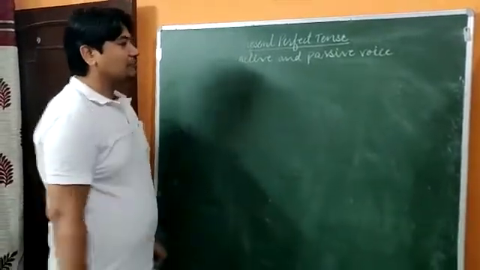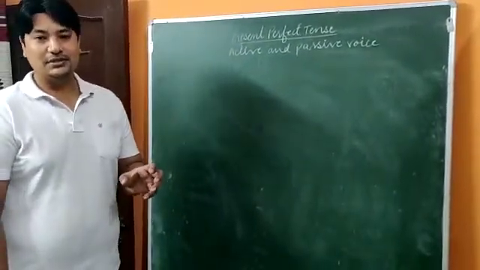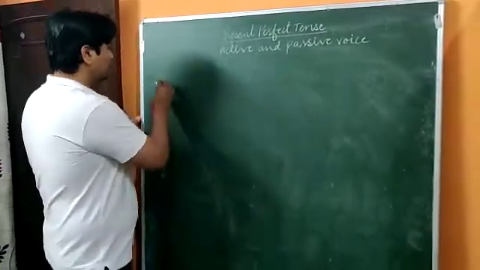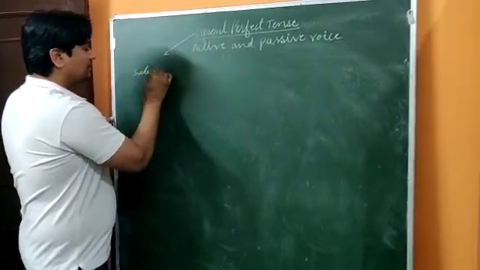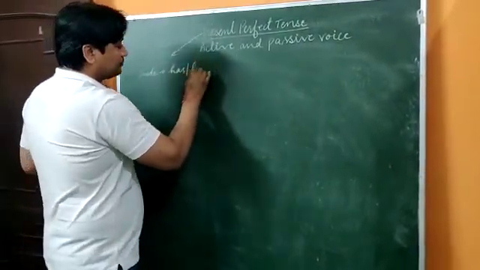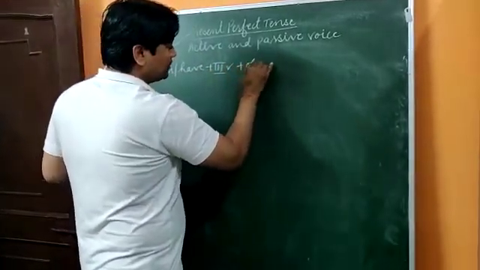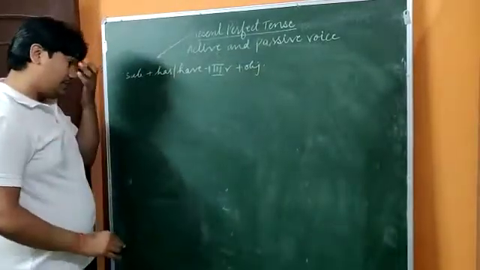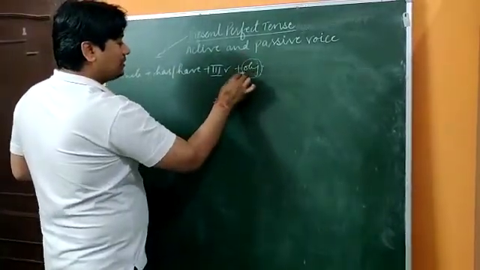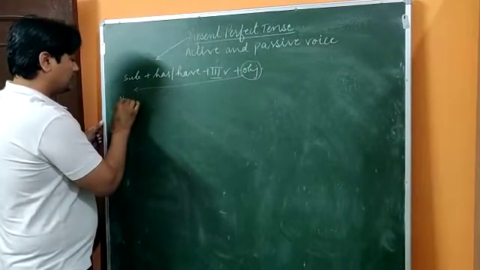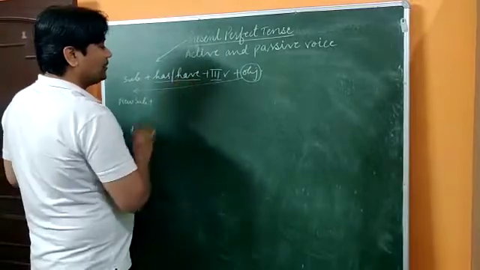Now today we are going to discuss present perfect tense, how to change the sentences of present perfect tense into passive voice. First we must know the structure of present perfect tense. That will be subject plus has/have plus third form of verb plus object, and when we shall change this one into passive, this object will become new subject, then according to the subject we are to use has or have.